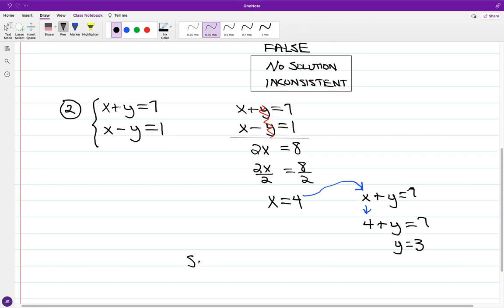Okay, so for the solution, again, just itemizing what we have for x and y, we had that y is at 3 while x is at 4.